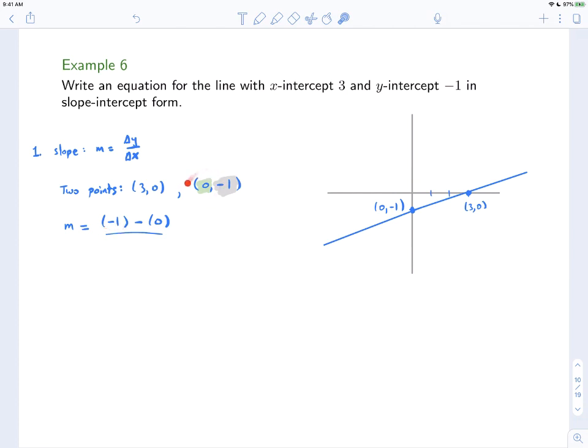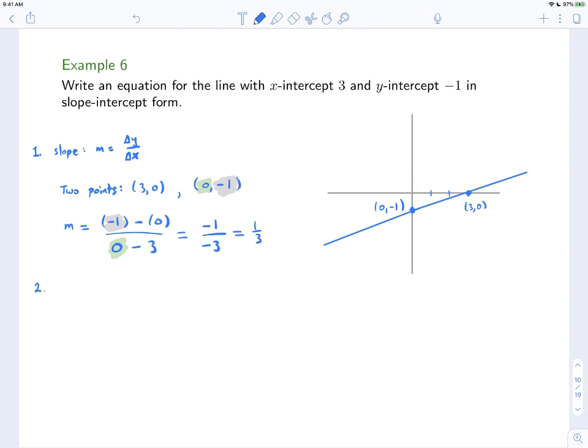So now we're going to start with the corresponding x value, which is 0. So it's going to be 0 minus 3. So that 0 is the same as this 0, and this -1 is the same as that -1. Okay, now if we simplify this, we have -1 minus 0 is -1. 0 minus 3 is -3. So those are both negative, so the negatives cancel, and we have that the slope is 1/3.